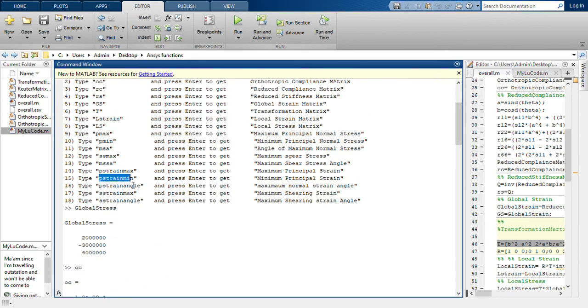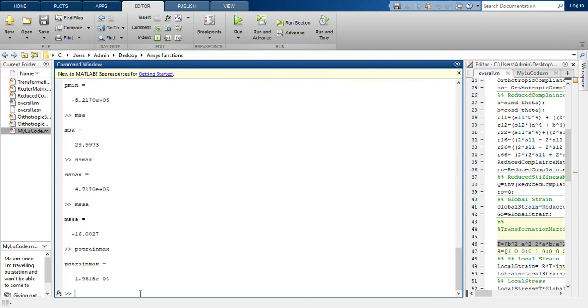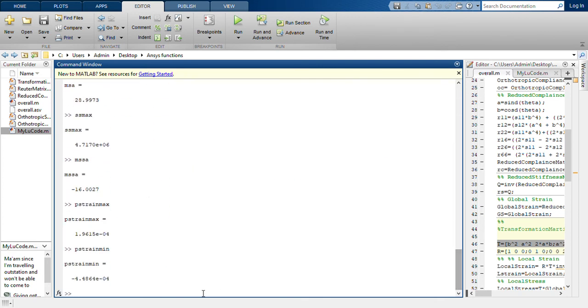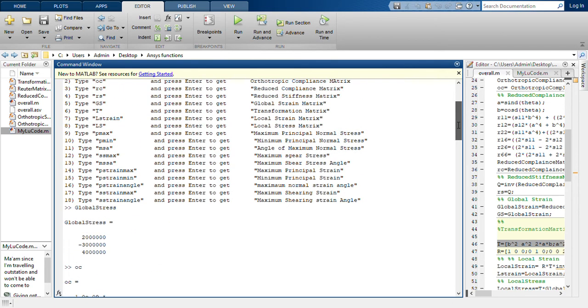Similarly for the minimum principal strain, we type this command and we get the answer. Then the angle at which the maximum normal strain occurs is 27.86 degrees. We can cross verify with the book, it's exactly the same.